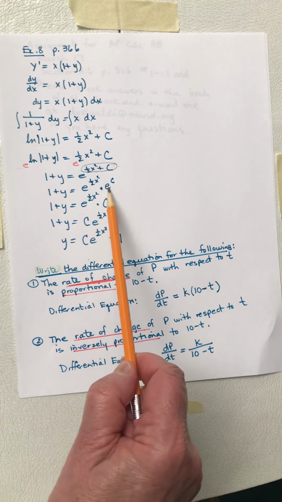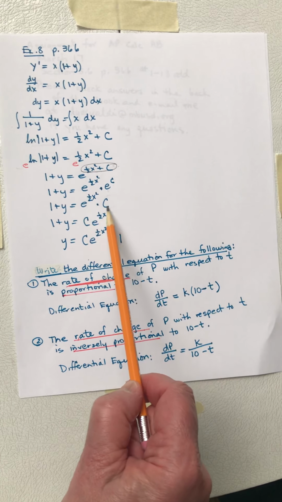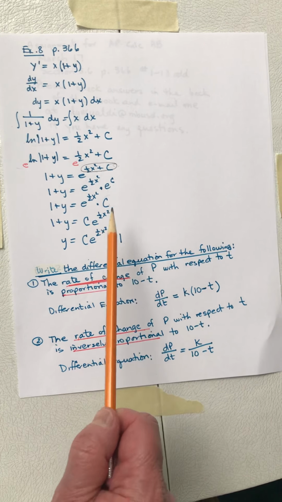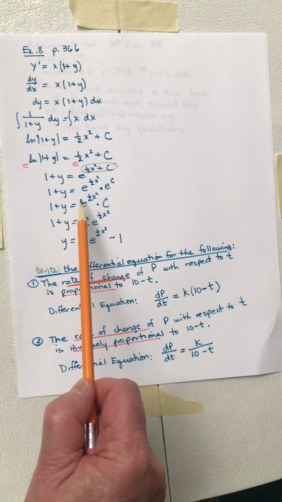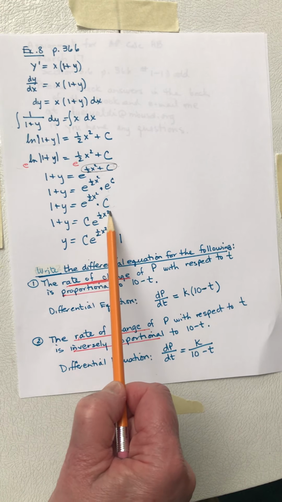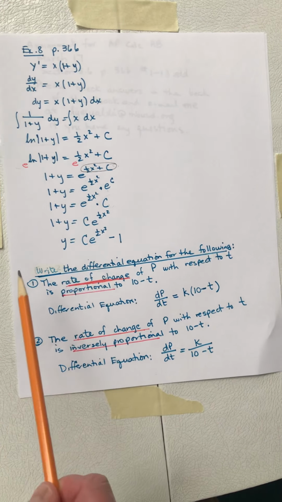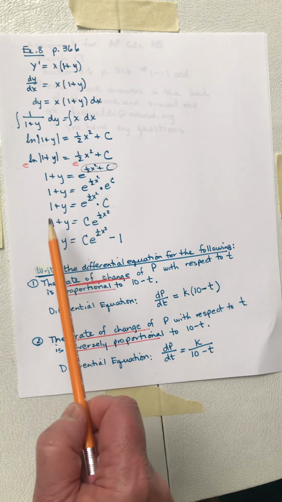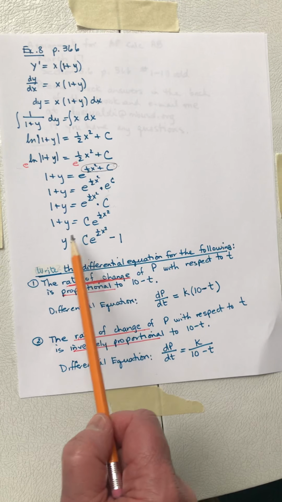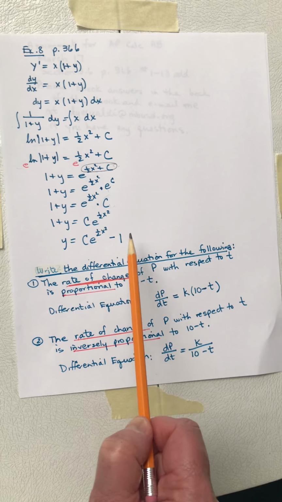And now, a numerical value raised to a constant, we get a capital C here, a numerical value. Putting it in front of our e to the 1/2 x squared, we get Ce to the 1/2 x squared. What's happening on the left? We just kept bringing down our 1 plus y. And now we'll just subtract the 1, and we'll get y equals Ce to the 1/2 x squared minus 1.